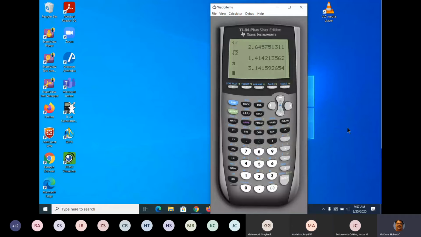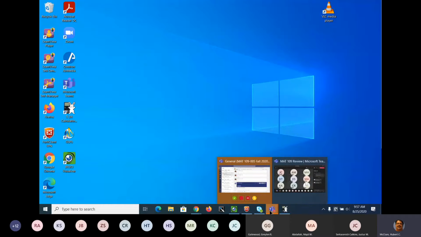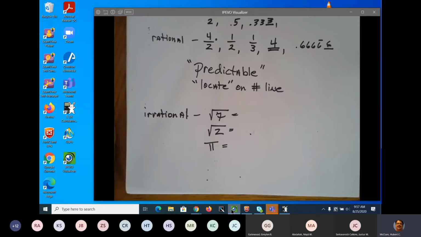You actually have to calculate by hand to find out that next digit. That is called irrational. Irrational cannot be predicted, and it cannot be located.